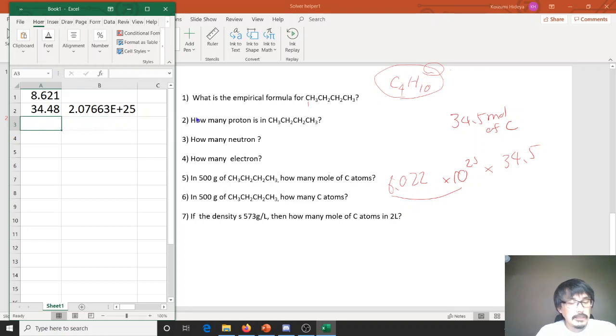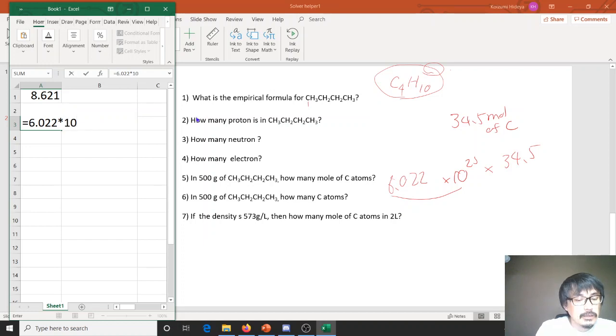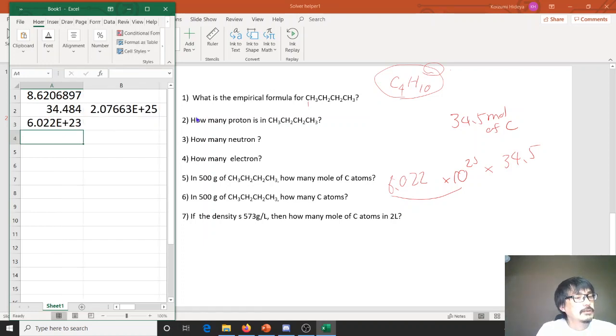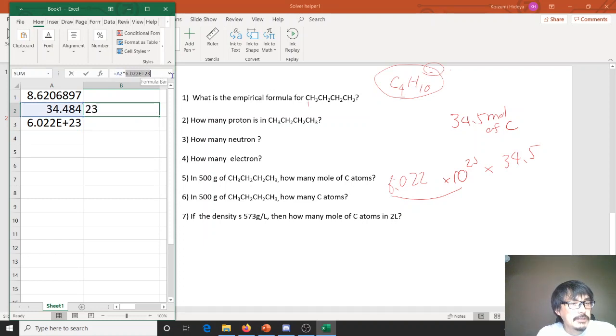Or should I actually write it out as 6.022 times 10 to the power of 23, right? Then I can multiply these two numbers. It's going to be the same. I'm just showing you what I'm doing with Excel. So this number multiplied by that number is going to be that, right? So that's the number of carbon atoms I have.